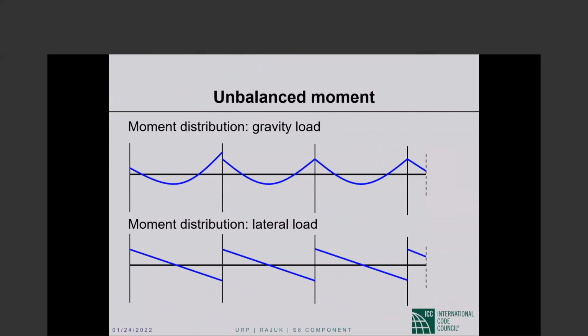Now, let us look at what these unbalanced moments are. This is a slab strip, let us say, continuous over several columns. Under gravity, in the top picture, this is what our bending moment diagram looks like.